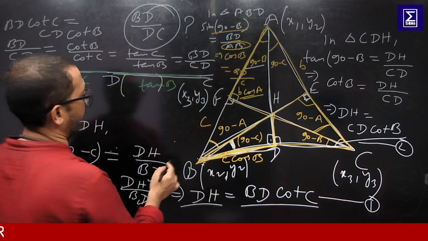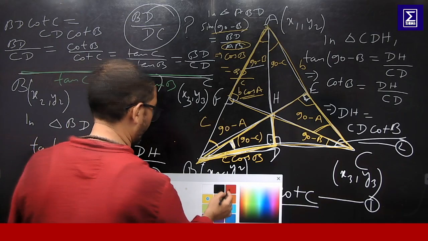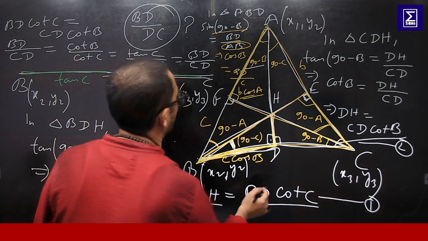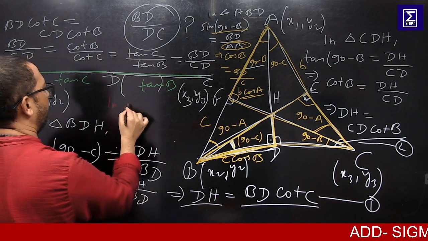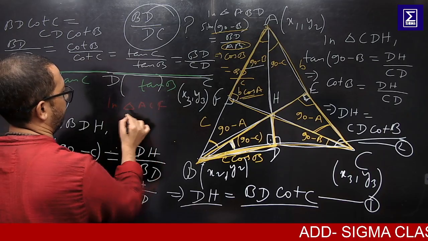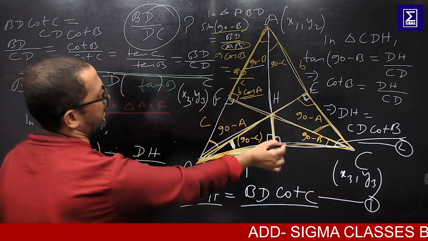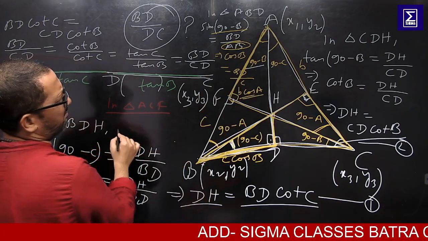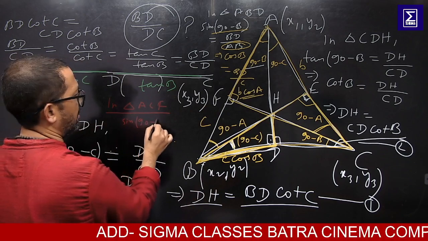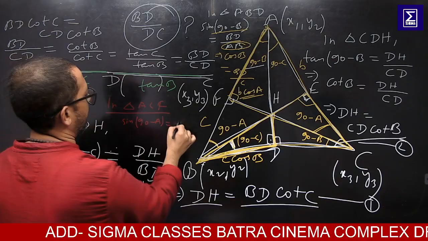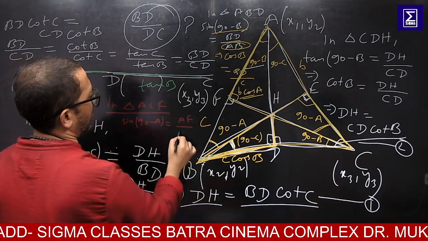We have to take, in this triangle ACF. In triangle ACF, you take simply sine of 90 minus A is equal to AF upon AC.